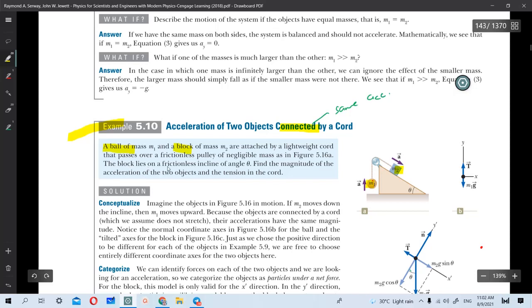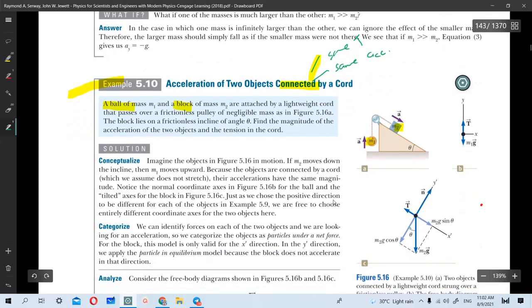The block lies on a frictionless incline of angle such. Find the magnitude of acceleration and tension in the cord. They have the same acceleration, and also because it's the same string, the same T value. So there is just the symbol T, no T1, no T2 like the traffic light.